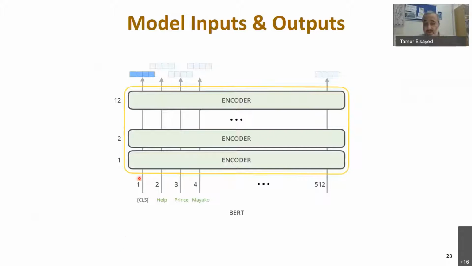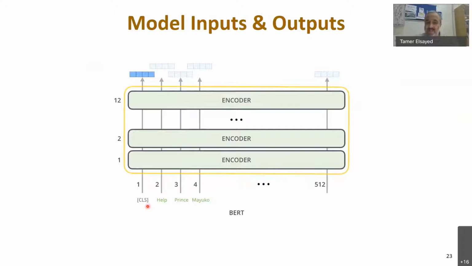So we have an input sequence, and for each word we have the output embeddings for it. So the blue ones here are the embeddings for the specific corresponding word or token in general.